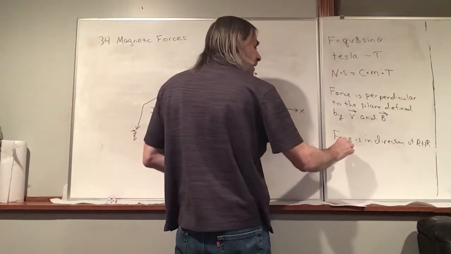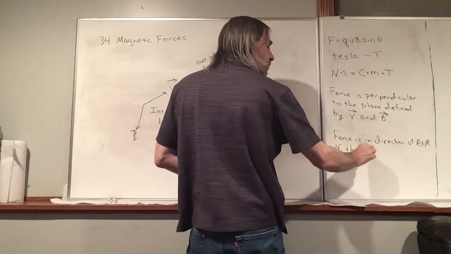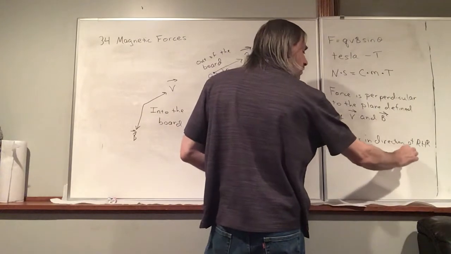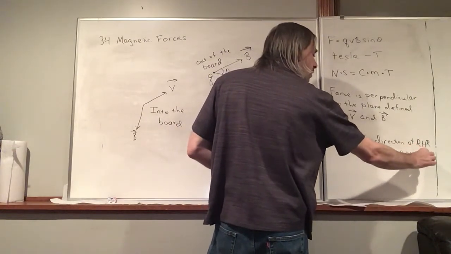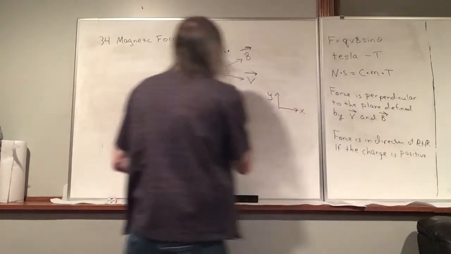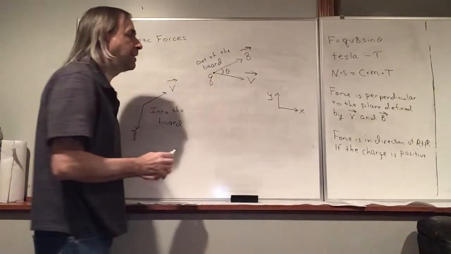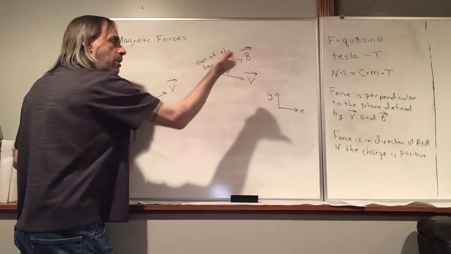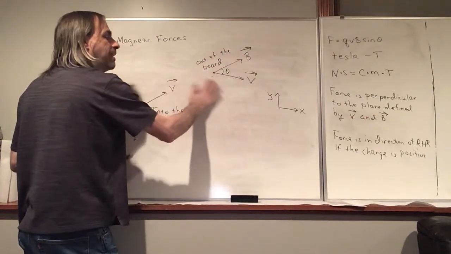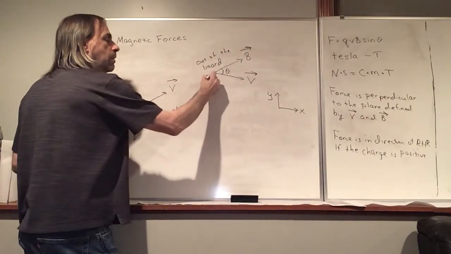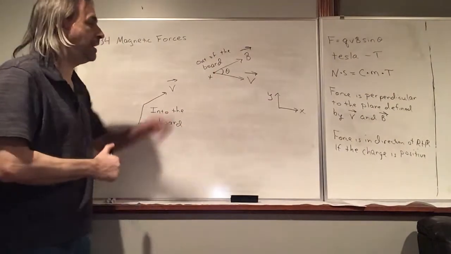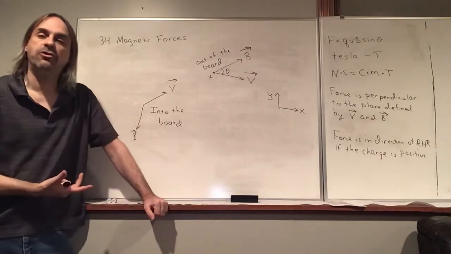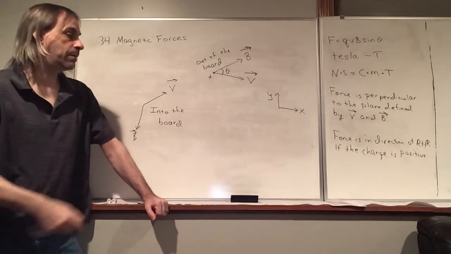If the charge is positive, so like, let's say this is a positive charge moving in this direction, again, the right-hand rule gives you a direction out of the board, and if this is a positive charge, then the force would be out of the board. If it was a negative charge, then it's the exact opposite.